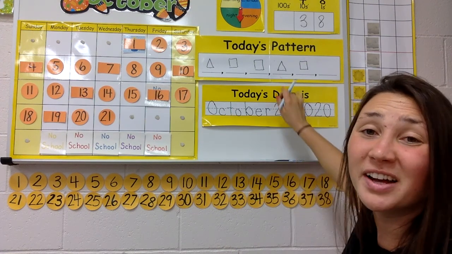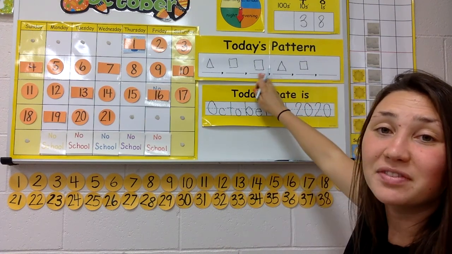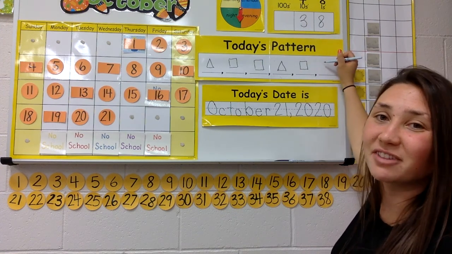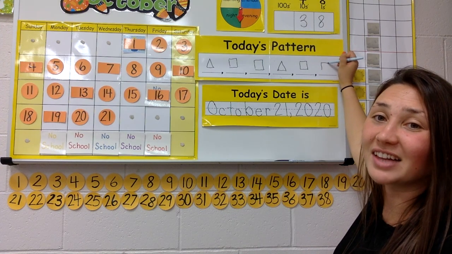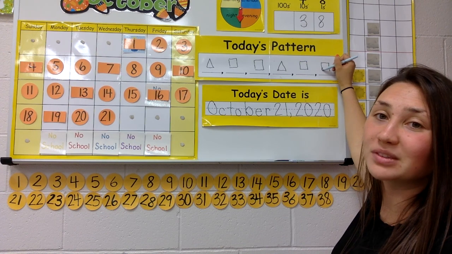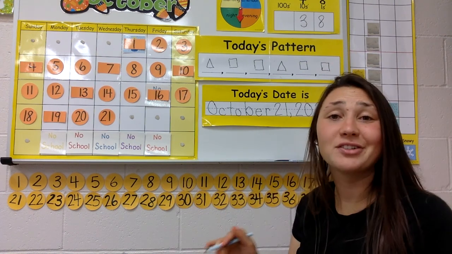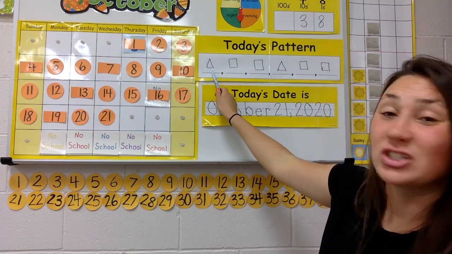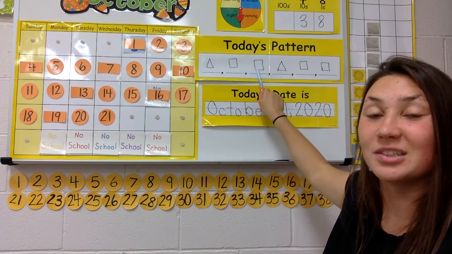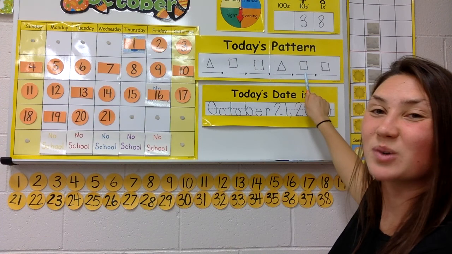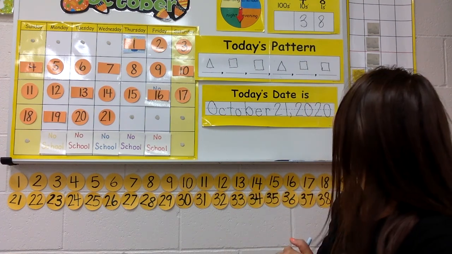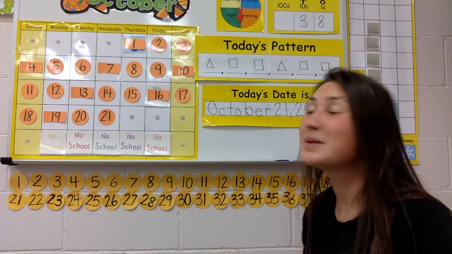And then our final one, obviously, if it's 2 squares in a row, we need our second square to finish it. So our last square, 4 equal sides. Let's say it all together to double check our work, okay? Ready? Triangle, square, square, triangle, square, square. Awesome. Good job, kindergartners.